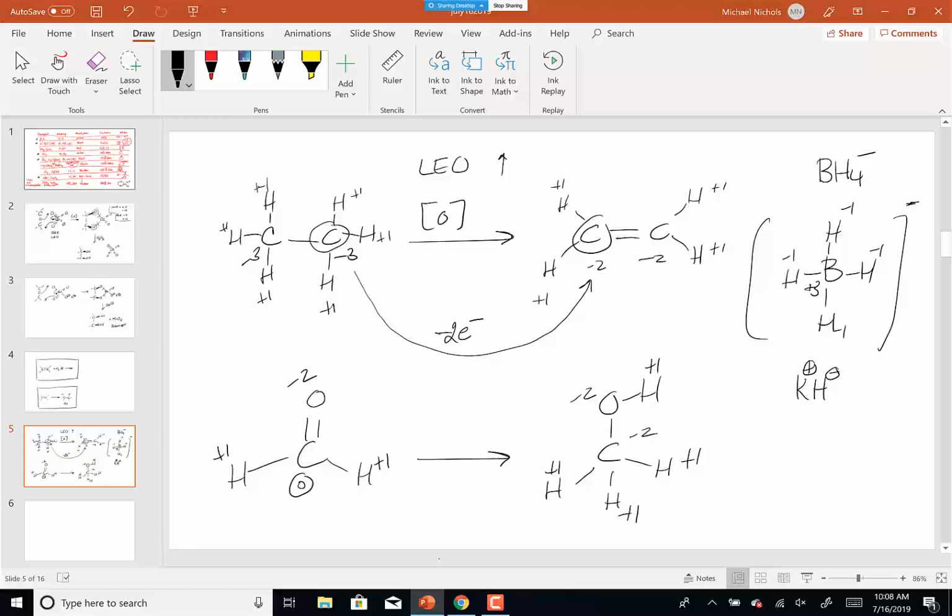So for an organic molecule, you can make the hydrogens all +1. And if these two were +1 and this oxygen was -2, and how is it -2? I'll get to that in a minute. Then +1 +1 -2, that means for this overall molecule to be 0, the carbon has to be 0.